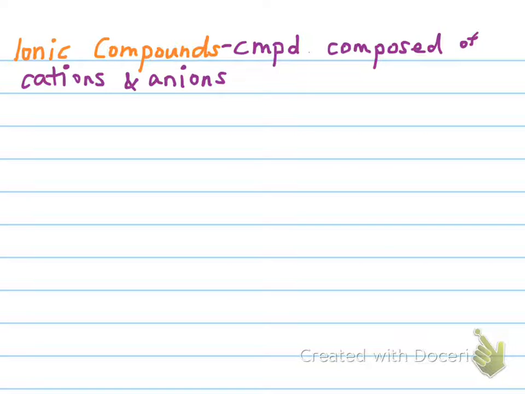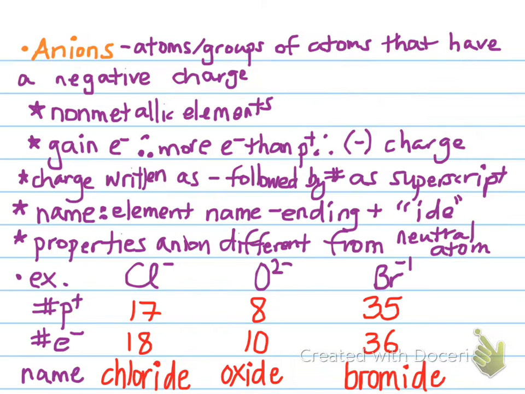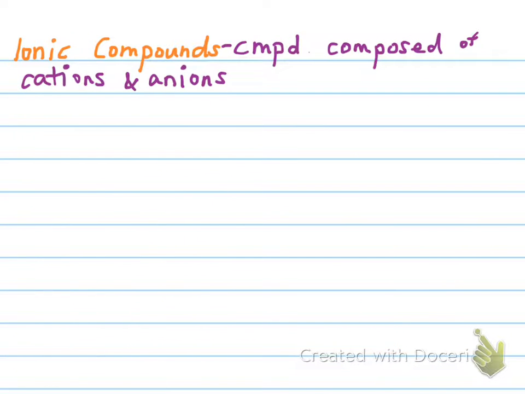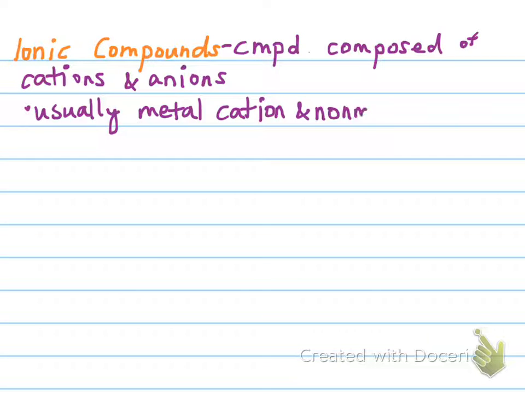Most times your ionic compounds are going to be usually made of a metal cation and a non-metal anion.